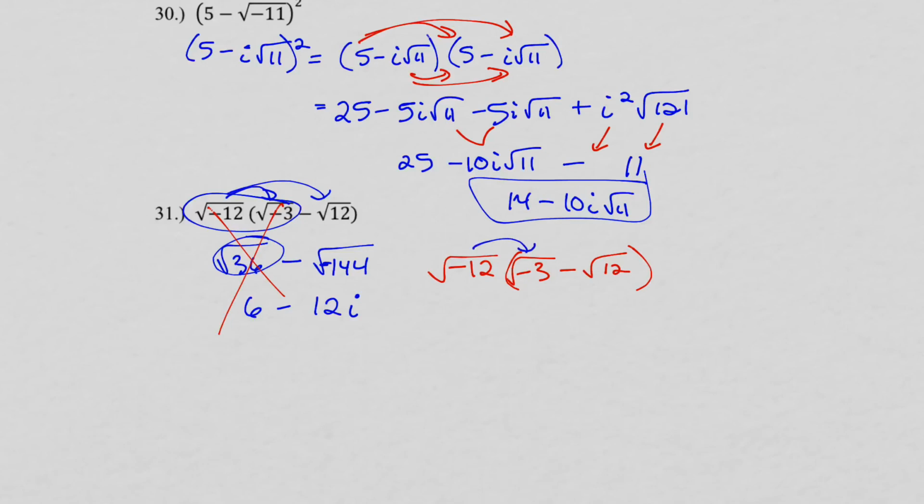Okay, whoops. So first, before you do anything, you want to take out all the i's. So this is going to be i radical 12 and i radical 3. And that stays 12. So now when I do this, I'm going to get i squared radical 36.